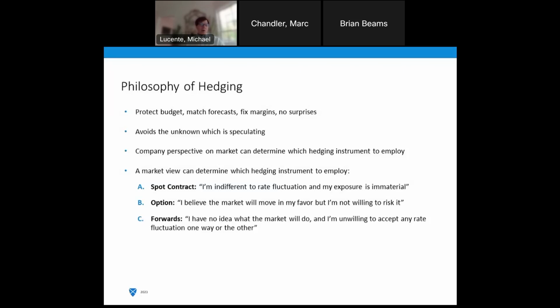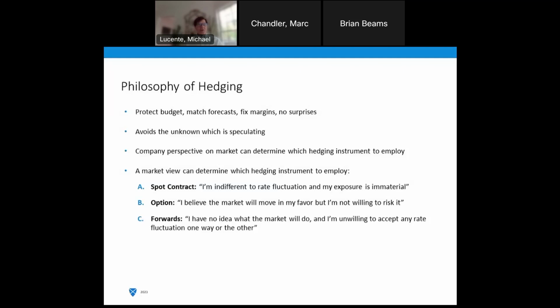Avoiding the unknown. If you're hedging, and we're going to talk about what hedging is, you're actually locking in an exchange rate for a future date. So you can execute today and then execute a month from now when you have your next payment. Will the exchange rate be the same? Will it be higher or lower than your budget rate? You don't know.